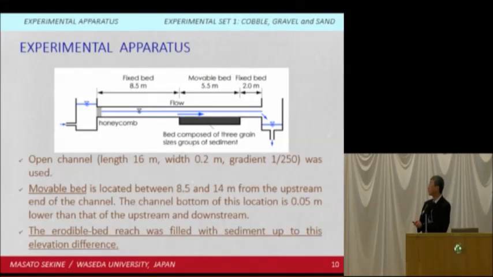The experiment was conducted in an open channel, and the movable bed is located in this portion, and the erodible bed region was filled with sediment up to this elevation difference.